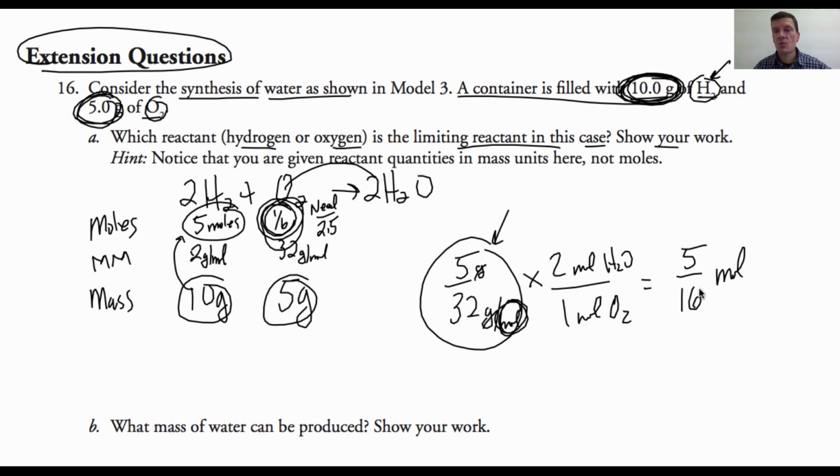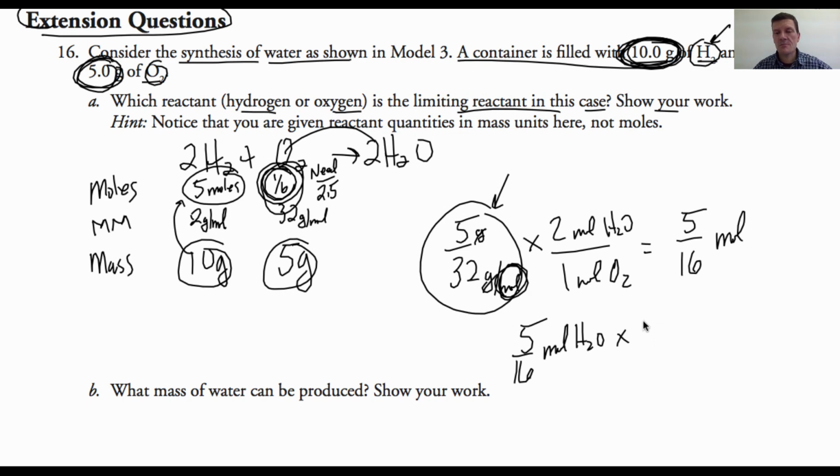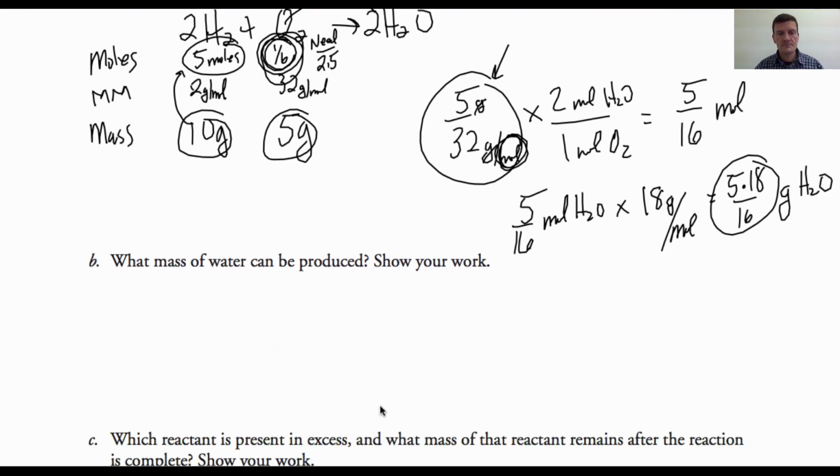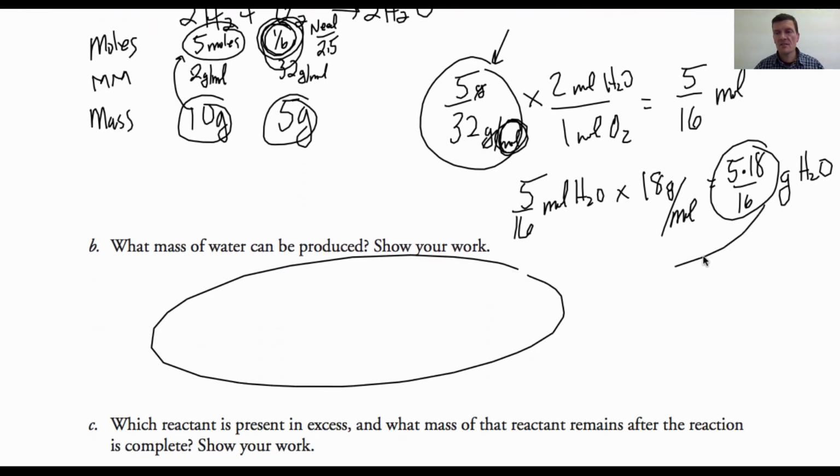And if I want to find out how much water that is, 5/16 of a mole of water, I multiply by the molar mass of water, which is 18 grams per mole. So 5 times 18 divided by 16 is going to tell you how many grams of water you can produce. Okay? And I just did that right there.